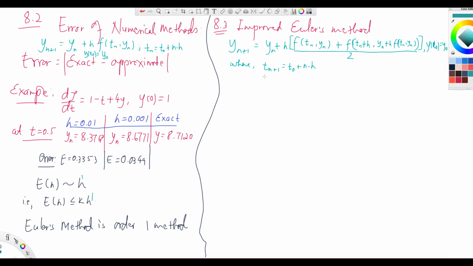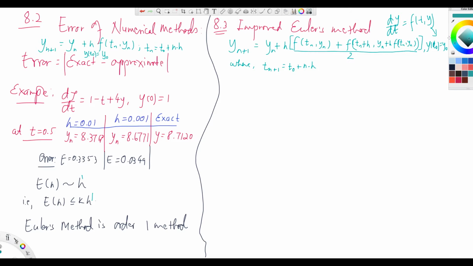This is the initial value problem. Suppose you have a differential equation dy over dt equals f of t, y. This is the differential equation with the initial value like this, right?